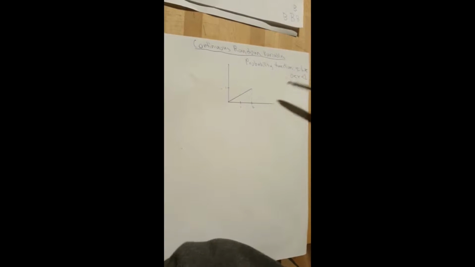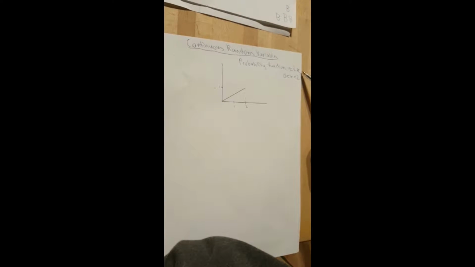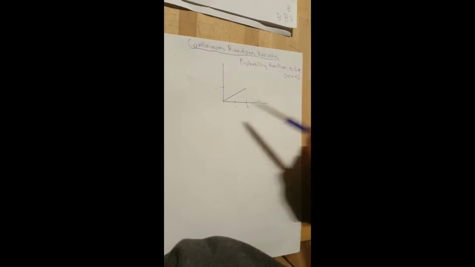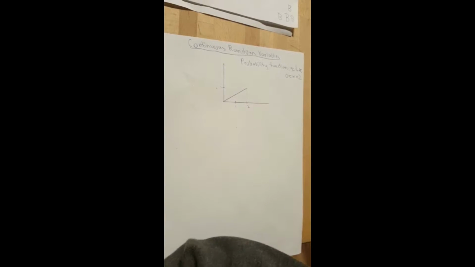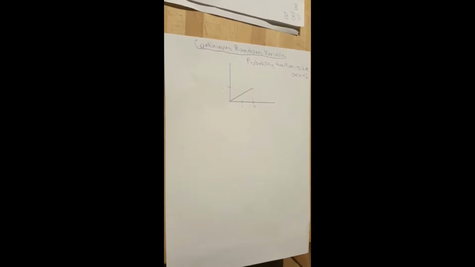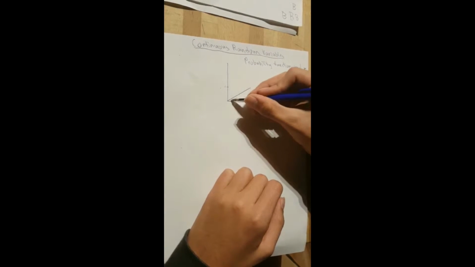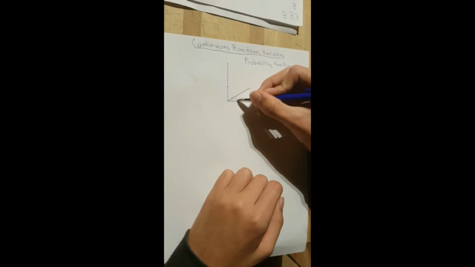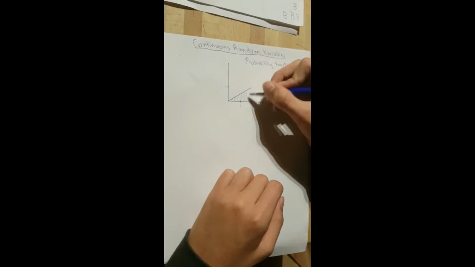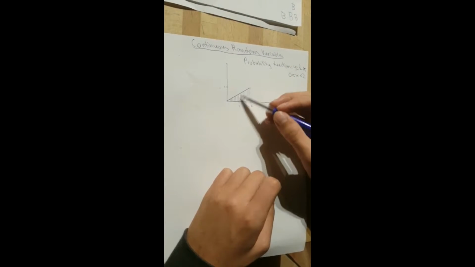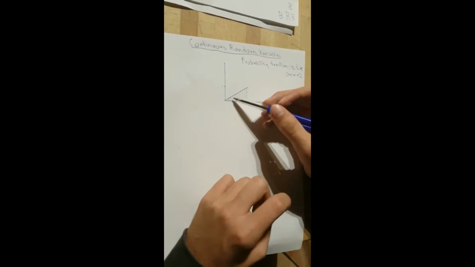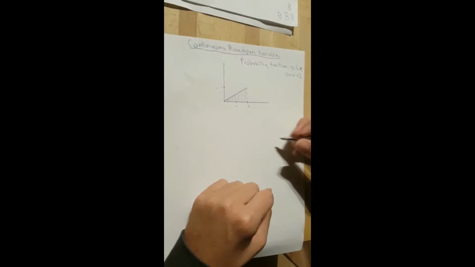So this is our continuous random variable. It has a probability function y equals half x, from x is 0 to 2. And as with all probability functions, the probabilities have to add up to 1. Basically, all the probabilities are like every little point here, all these lines, and the sum of them added up is going to be the same as the area, which means it's the integral of this function.